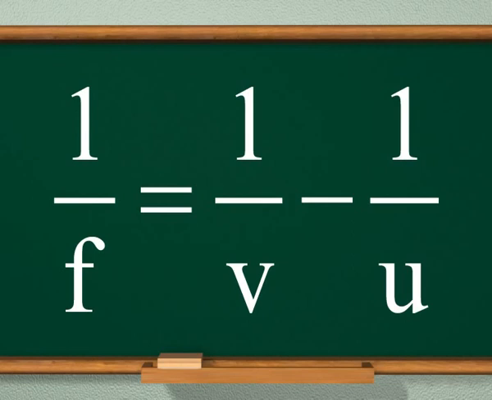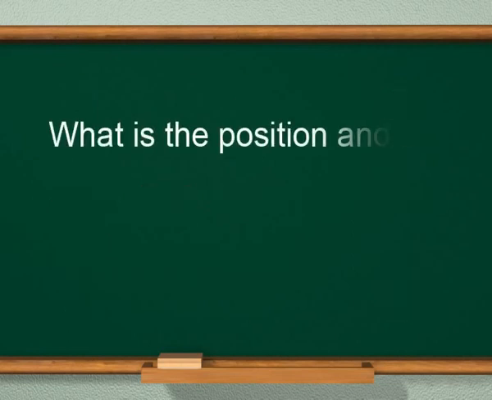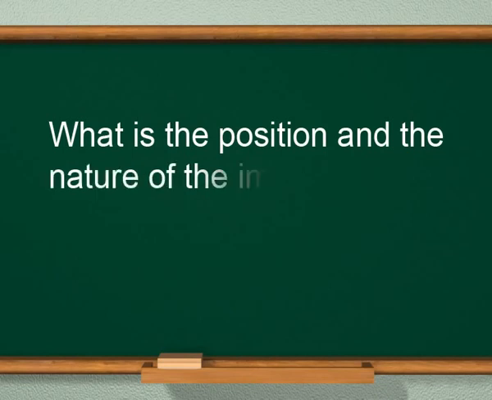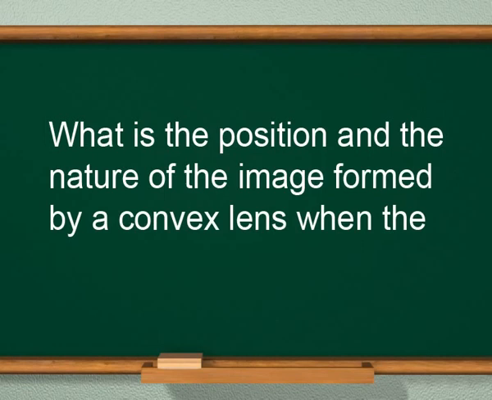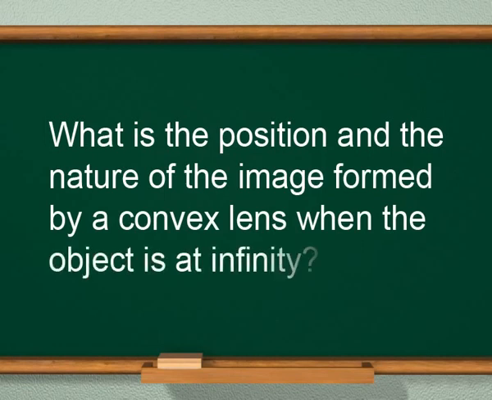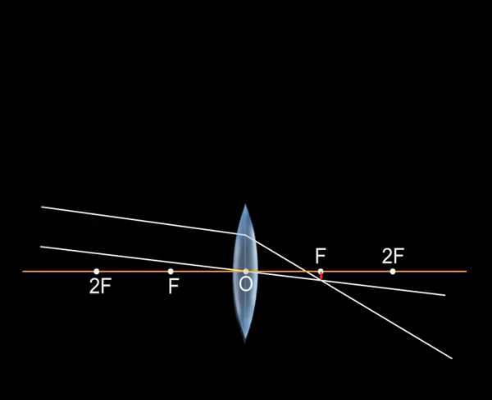The next question, what is the position and the nature of the image formed by a convex lens when the object is at infinity? The answer, image is formed in the focal plane of the lens.